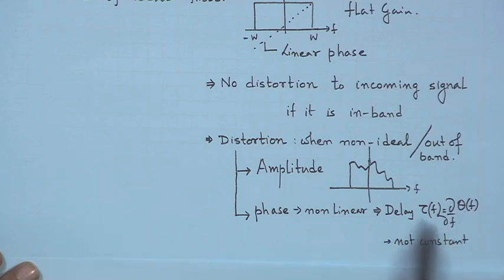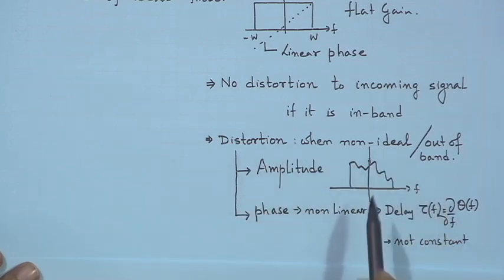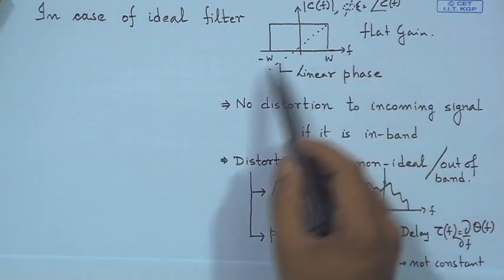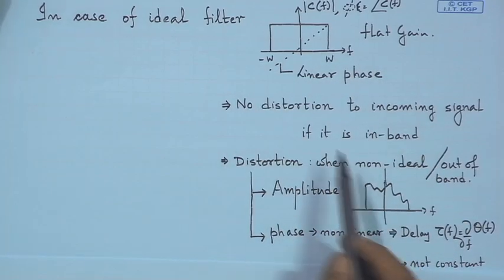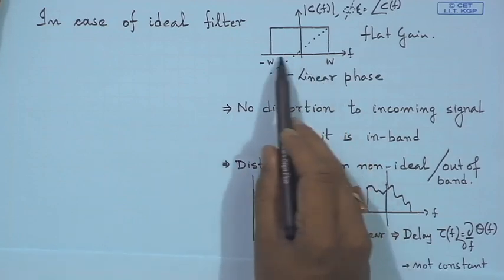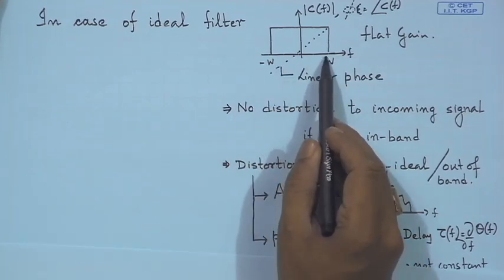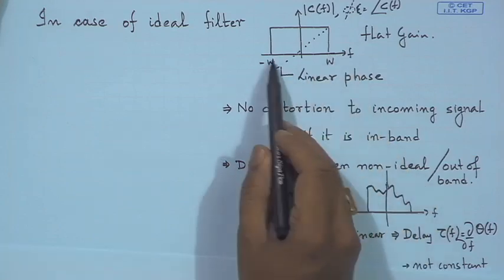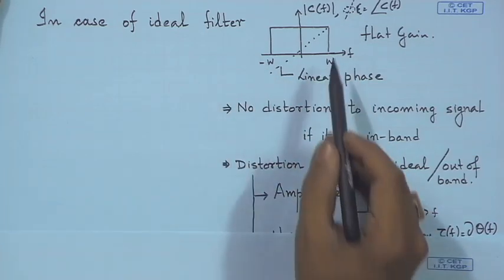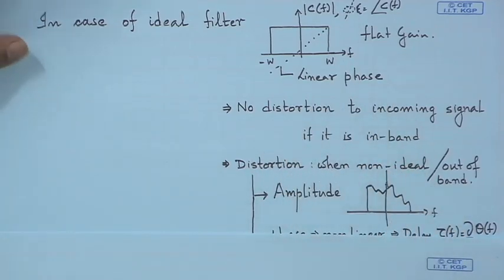This we have just explained, and this is what we get. So, distortions can appear in this manner, and ideal would be in this situation. In the ideal case, there is no distortion and the signal is within the pass band. If the signal is outside the pass band, you do get distortions, so we do not consider those situations under the ideal condition.